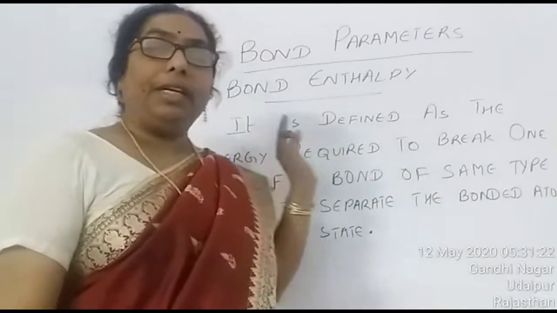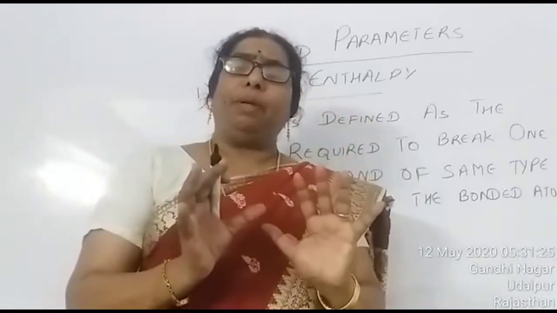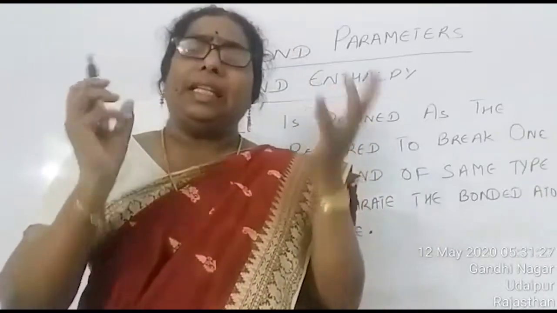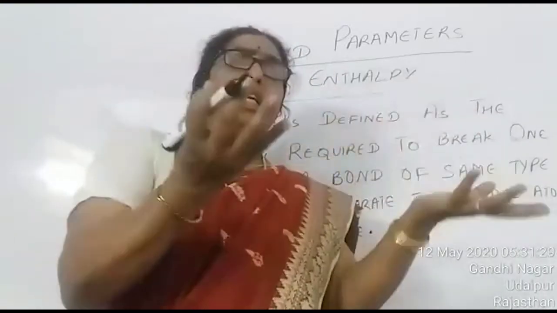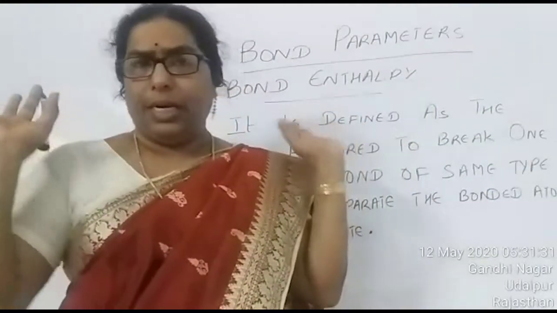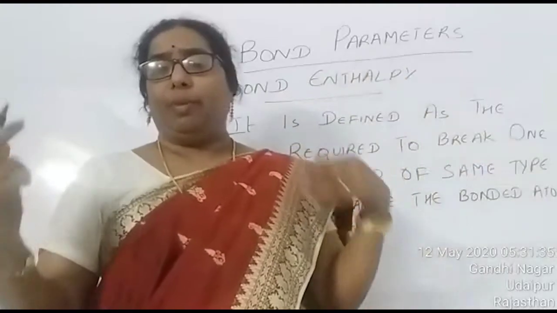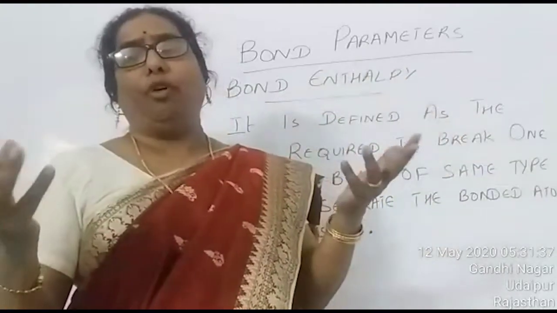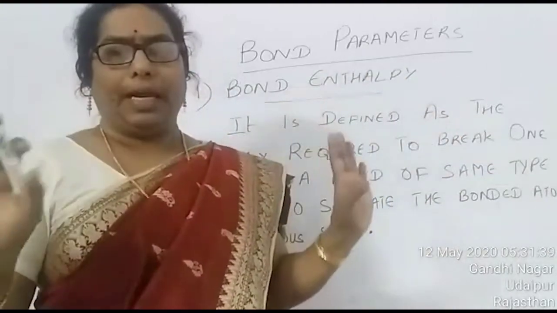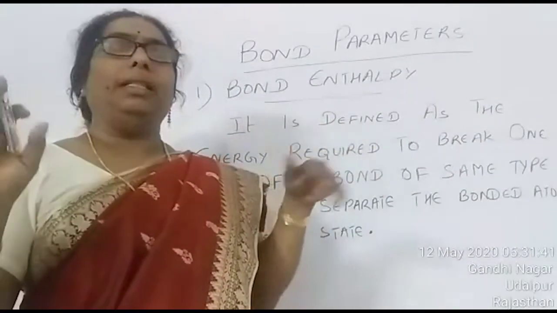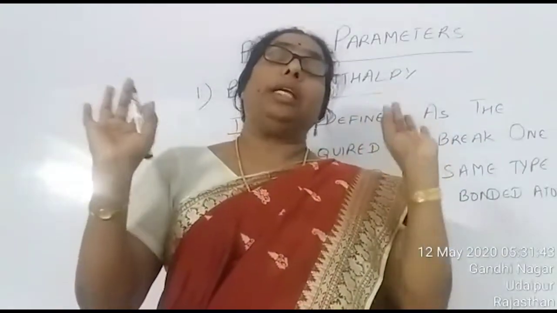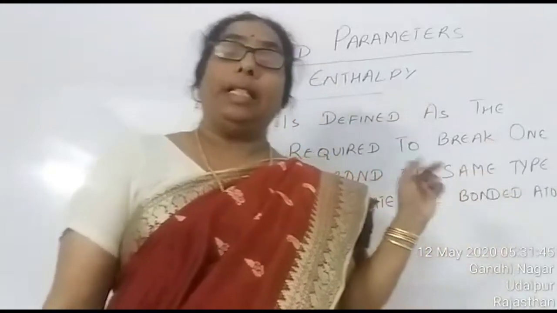So here we can say that the bond enthalpy is the energy needed particularly for making or breaking of a bond. Generally, either energy will be released or energy will be absorbed during this process, bond formation and bond breaking. So the energy required in the breaking or making of a bond is generally termed as bond enthalpy.